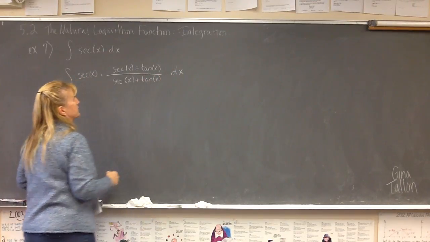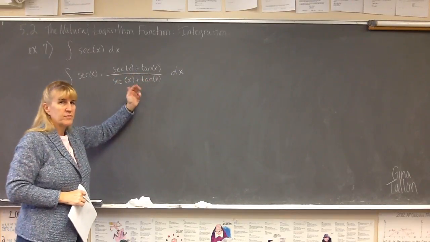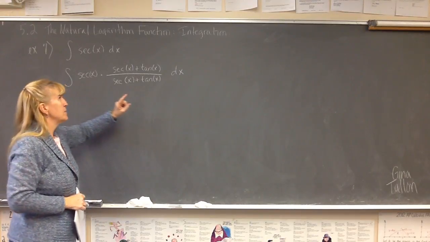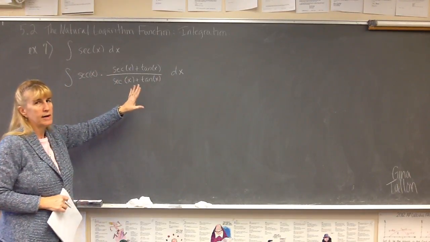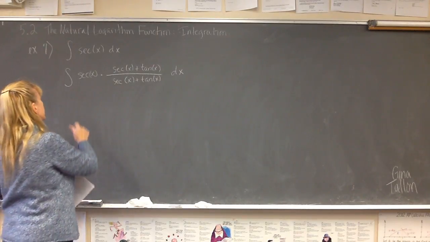And then your dx is to the outside. Now secant x plus tangent x divided by secant x plus tangent x is really the number 1. So I am not changing the value of my problem, I am just changing its appearance. I'm rewriting it so that maybe I can get somewhere with this.